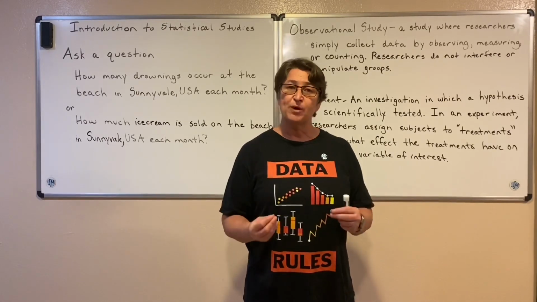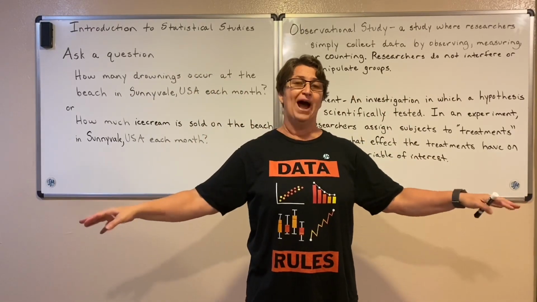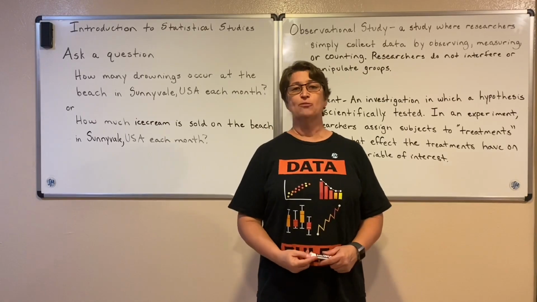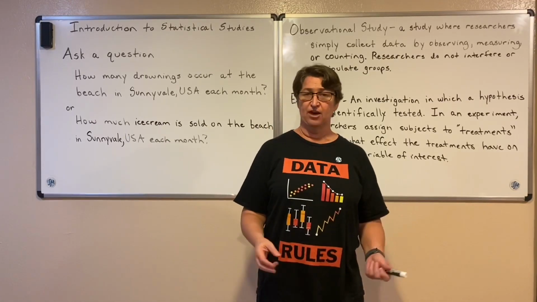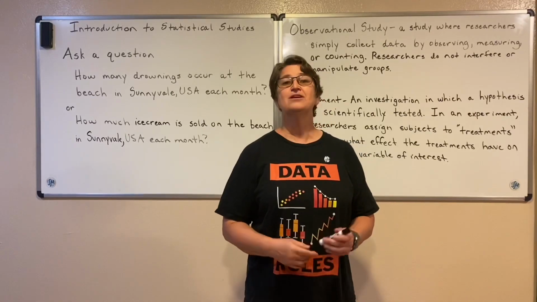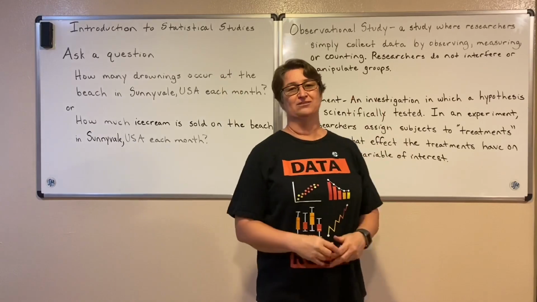So an experiment helps me to eliminate all of those other outside variables, like weather, to help me determine if one is causing the other. By the way, ice cream doesn't cause drownings. It would be the weather or the temperature that makes both of them rise together.